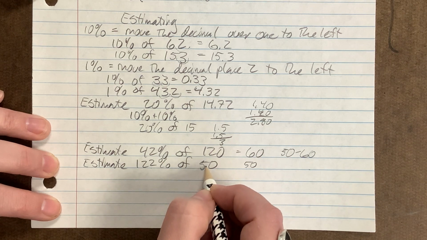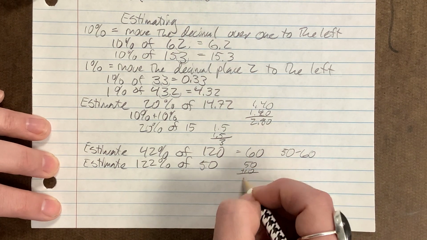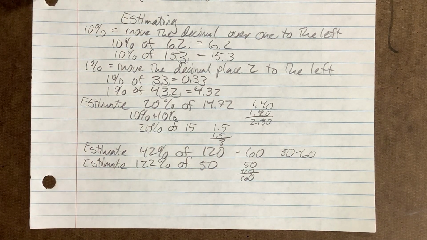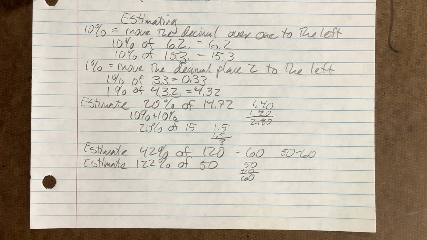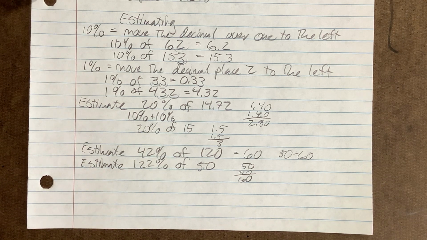So 10% is 5, and I want 2 of those. So I'm going to add the 10 to that. So my estimate of 122% of 50 would be 60. That's a pretty decent guess. The actually calculated 1.22 times 50 gives us 61. So my estimate of 60 was pretty on point there.